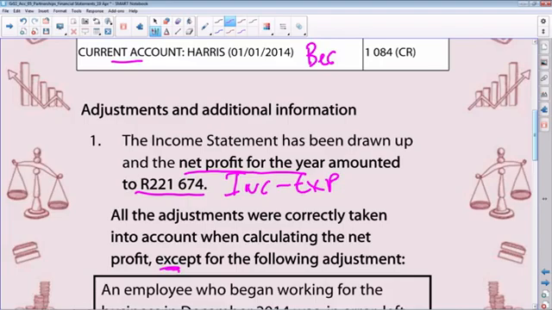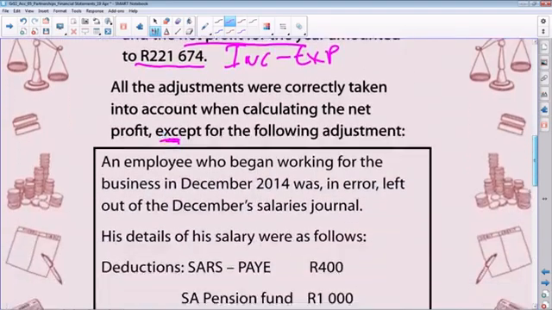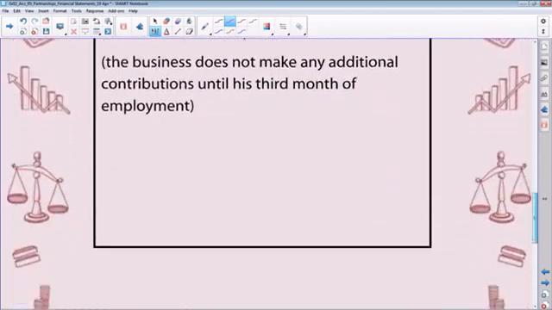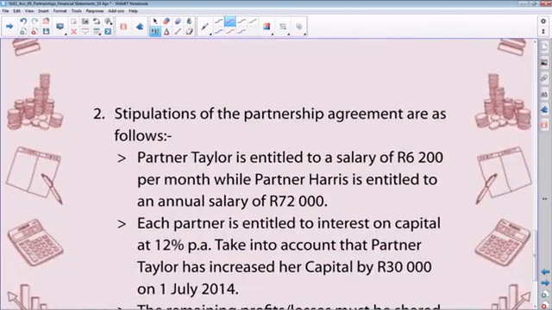We'll read this when we get to the question, but we've got one more adjustment to take into account. Right, the next bit of information, stipulations of the partnership agreement are as follows. Partner Taylor is entitled to a salary of 6,200 Rand per month, while partner Harris is entitled to an annual salary of 72,000.